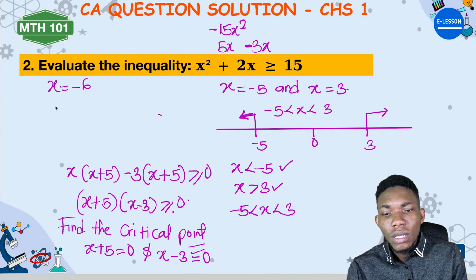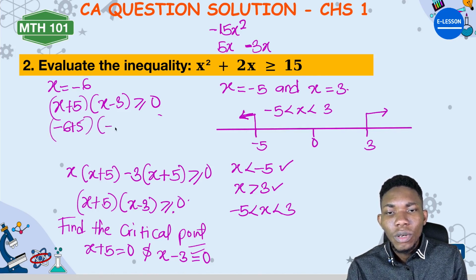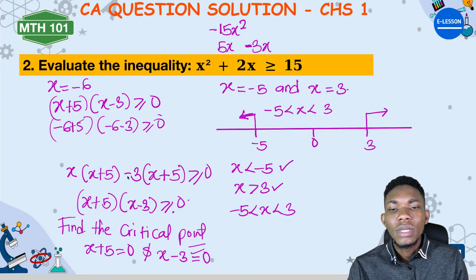The equation is (x + 5)(x - 3) greater than or equal to 0. Put it here: (minus 6 + 5)(minus 6 - 3) greater than or equal to 0.